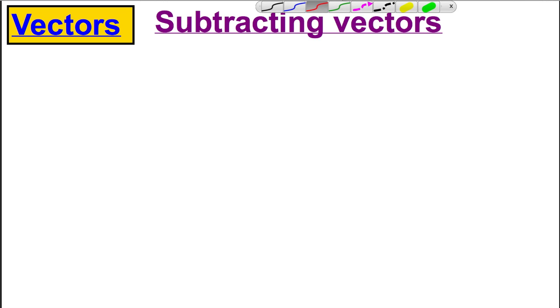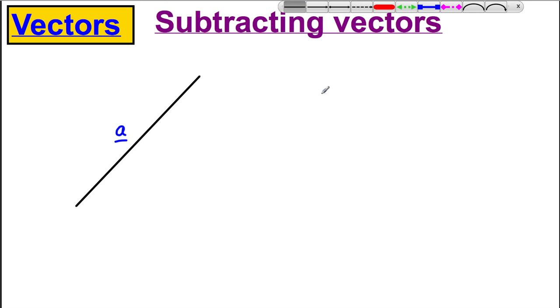So say you've got a vector here, that's vector A, and say you've got another vector here, that's vector B. And vector A is going along that way, and vector B is going along that way, right?